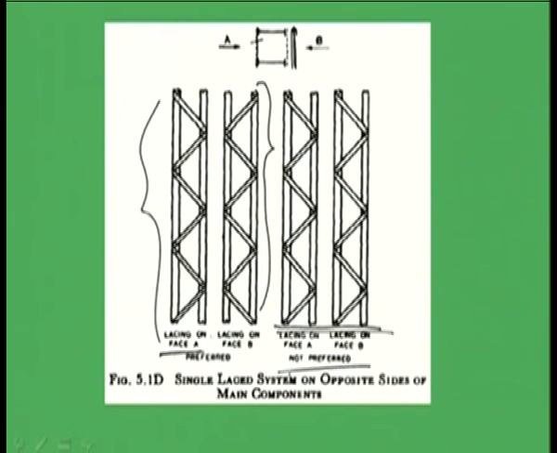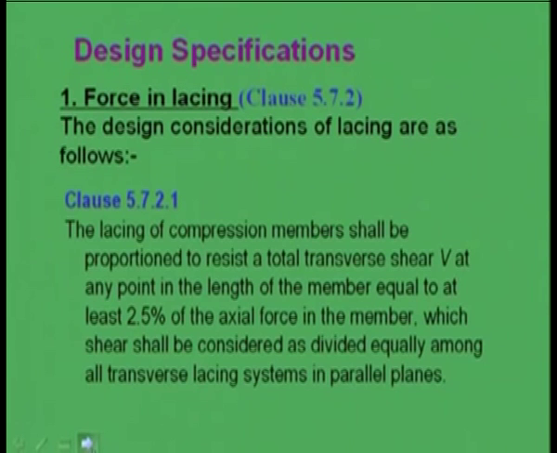So, when we are providing a lacing system, the opposite side lacing should be matched like this. This is not preferred. So, these are some general requirements specified by the code.